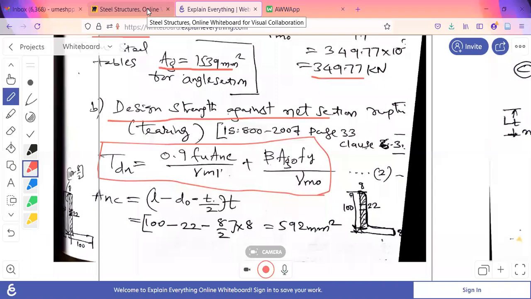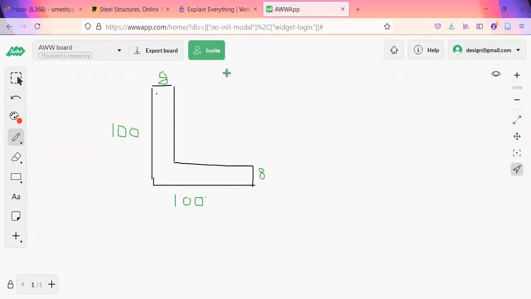So my question is, the area of each leg separately, you should get it. This is a hole of 22 mm because 20 mm is the diameter of the bolt. So this is how much? 22.